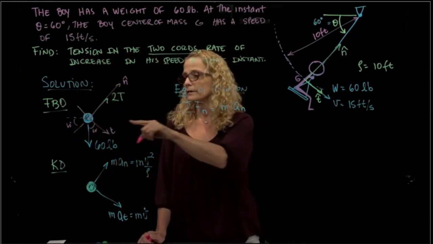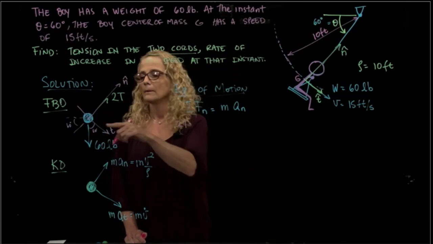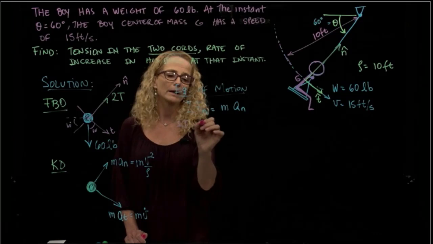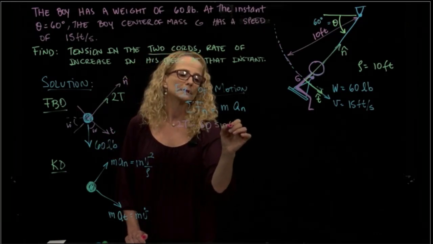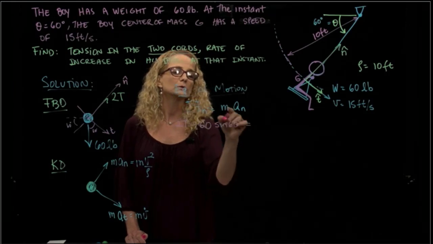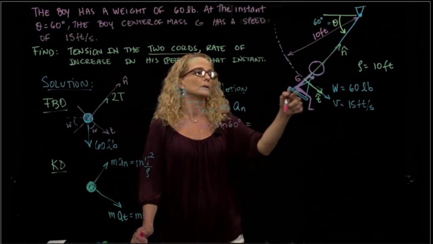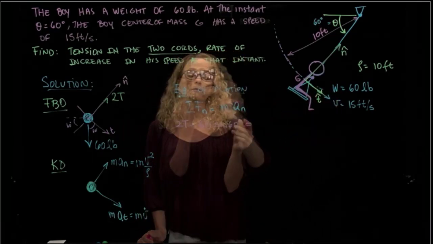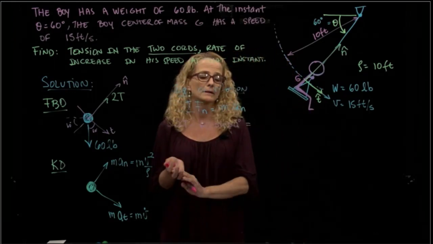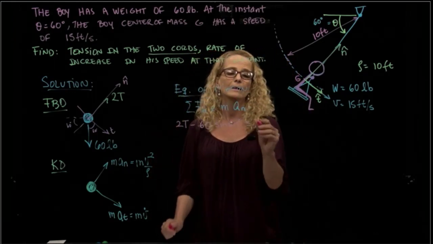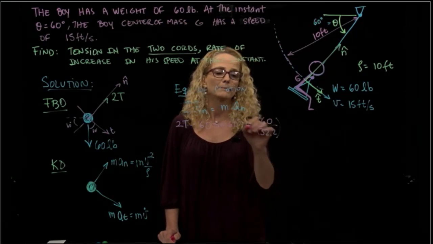In the normal component, we have 2T minus the weight times sine of 60 degrees equals the mass. We have to derive the mass from the weight. Remember, for American units, the weight is a primary unit and the mass is a derived unit, so we divide the weight by gravity to find the mass.